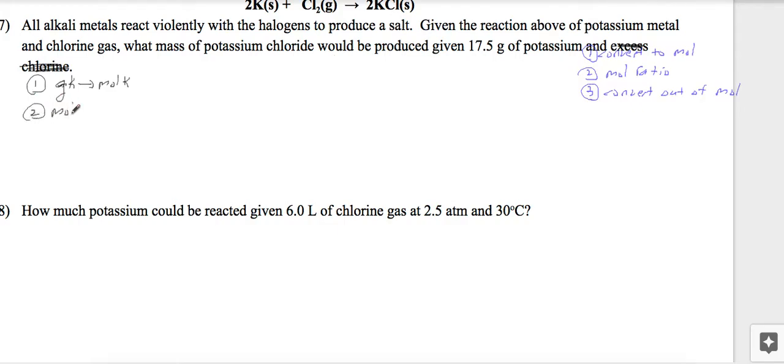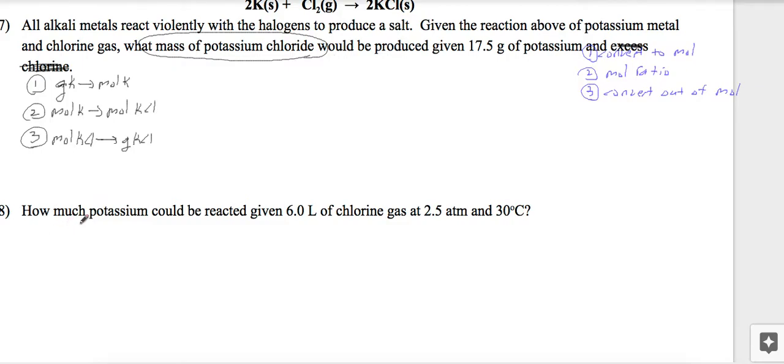We take the moles of potassium and convert it into moles of potassium chloride. So that's what we're looking for here, what mass of potassium chloride. Number 3, we take the moles of the potassium chloride and convert it into mass of potassium chloride. So those are our 3 steps there.